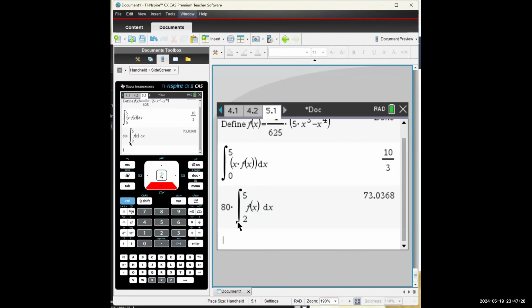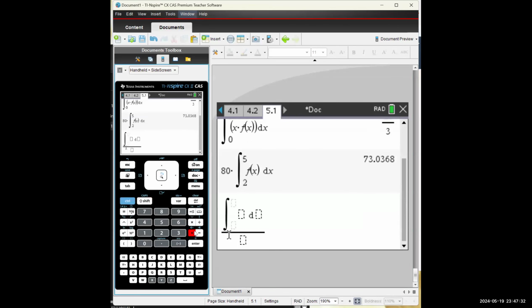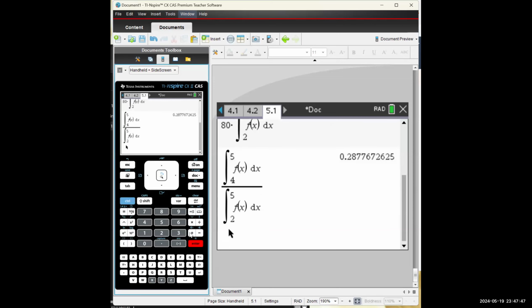And the last part is calculating a ratio between two definite integrals. So the integral from 4 to 5 of f(x) dx, divided by the integral from 2 to 5 of f(x) dx, correct to 4 decimal places.